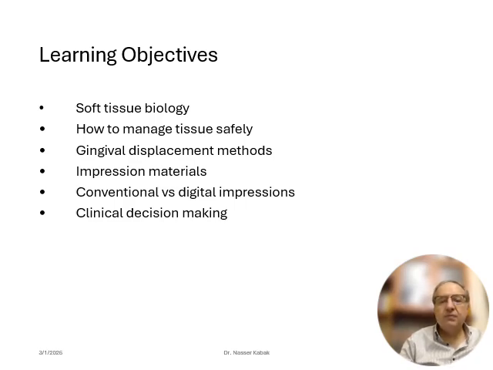We should also be able to state the different types of impression materials and the different impressions, regarding conventional and digital types. After understanding all these things, you should also be able to take the clinical decision regarding each clinical scenario.